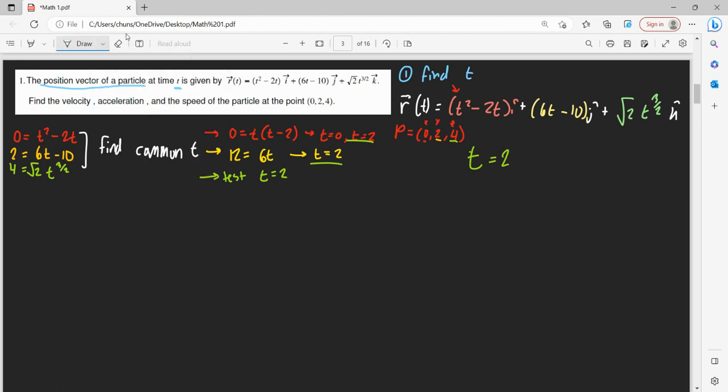Next step, now we can start looking for velocity, acceleration, and speed. So let's find velocity, knowing what we know. We are going to differentiate each of our i, j, and k terms using our rules. So velocity is equal to, first term, 2t minus 2.